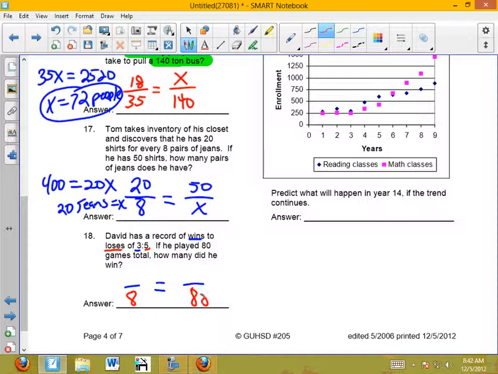My totals are on bottom. How many did he win? Wins are 3. So now I do 3 times 80 divided by 8 equals... How many wins does he have? 30. 30 wins. Have to tell me it's wins. That's correct.